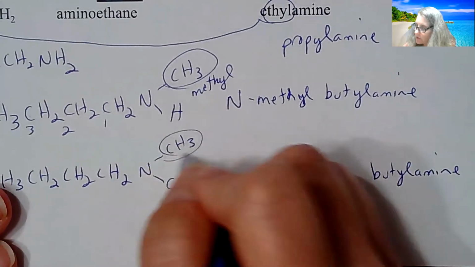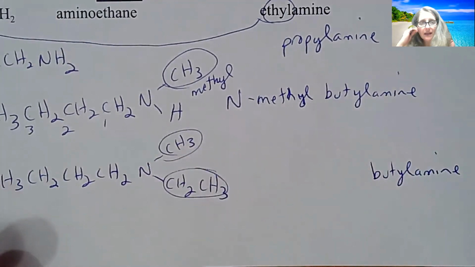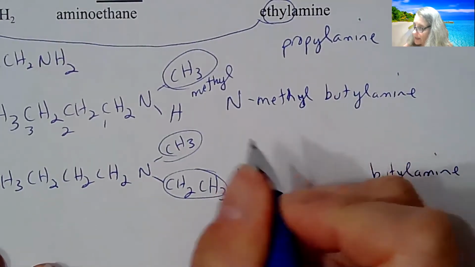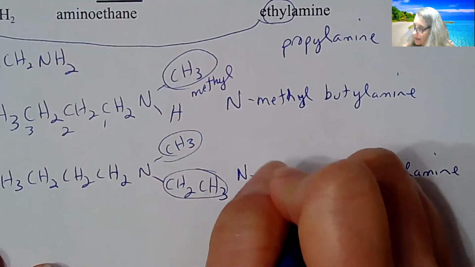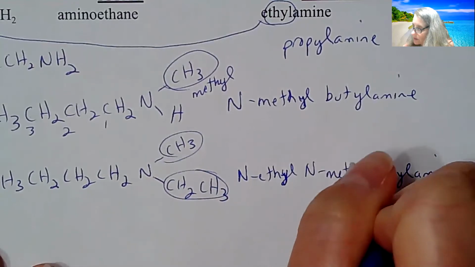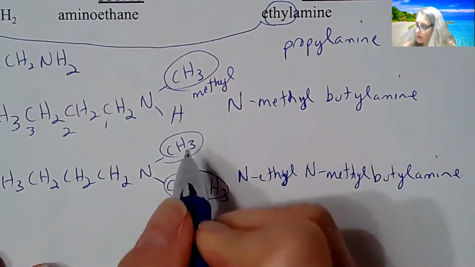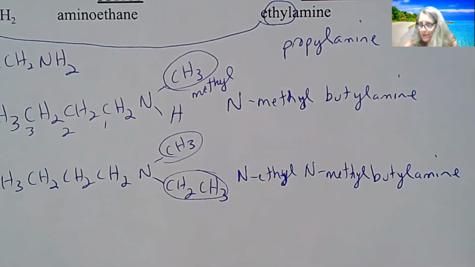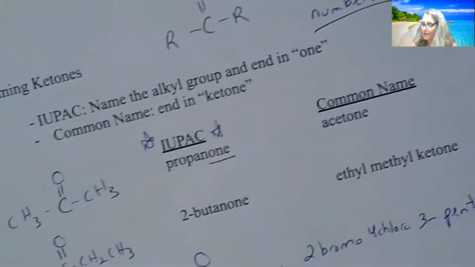And then whatever's directly attached to that nitrogen end, you're going to call it what you see. So N-ethyl, and again, ethyl will come first in the alphabet, and then N-methyl for the methyl group up there. So you're just going to use it kind of like a number system. And we're going to see the same thing when we look at amides.